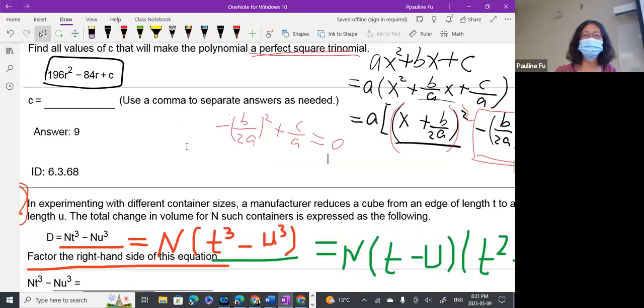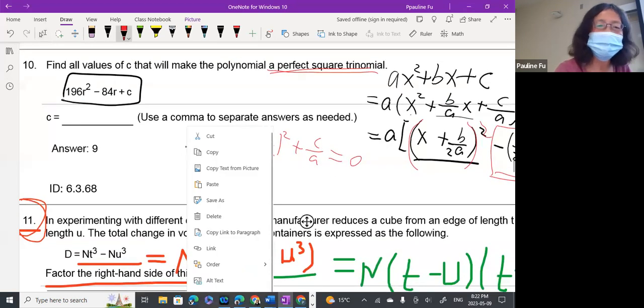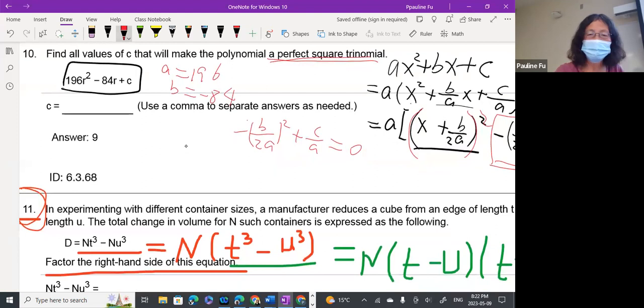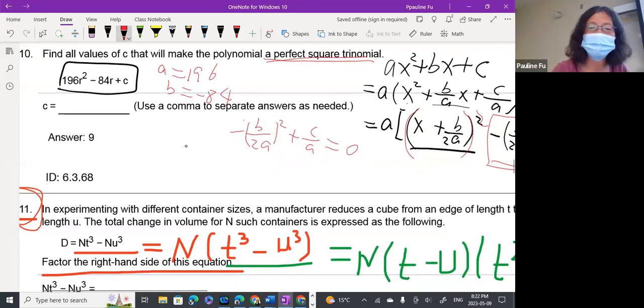So what is a? In this case, a equals 196, b equals negative 84. You plug a and b in here: negative 84 over 196, squared, plus c over 196.